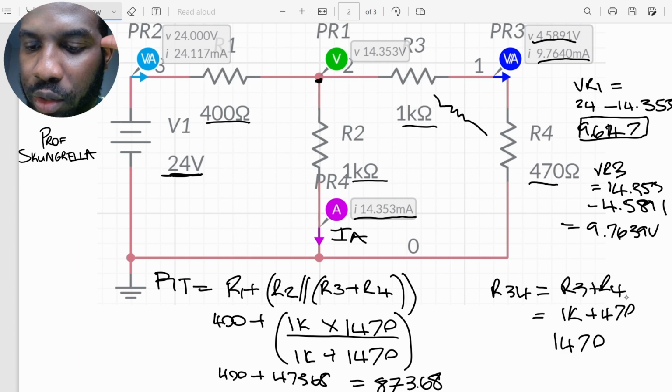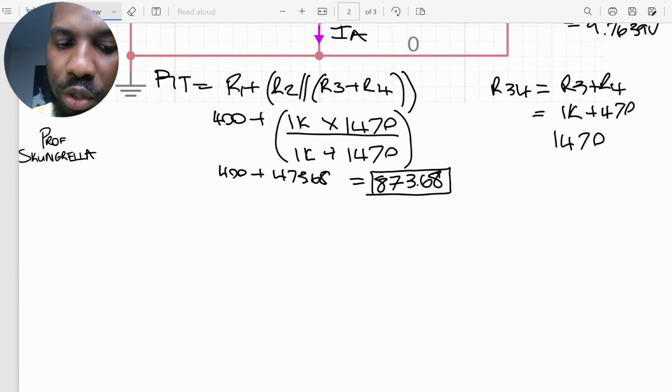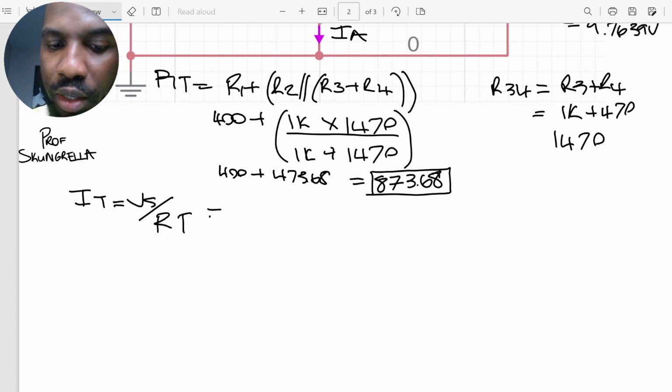That's the total resistance of the circuit. Knowing that, we can find the total current of the circuit. IT is going to be equal to VS over RT, which gives us 24 over 873.68.